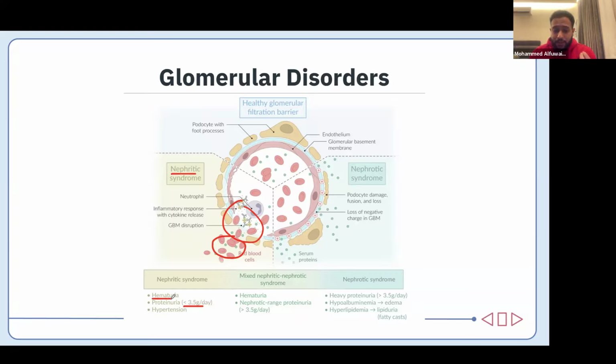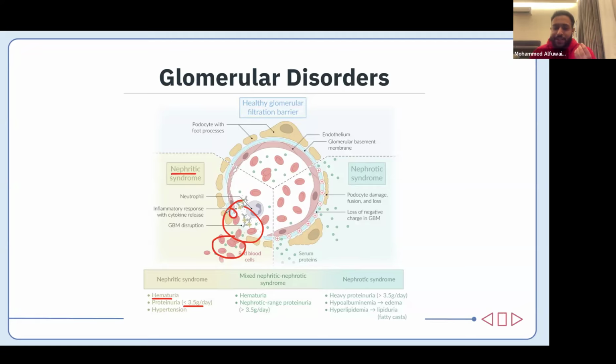So nephritic syndrome, what's happening is an antibody-mediated damage of the filtration barrier. It usually affects below the endothelium or some of the endothelial structure, less commonly the epithelium, which is the podocytes, and you can also affect the basement membrane. Usually it deposits subendothelial.